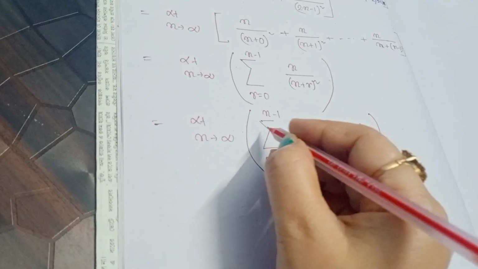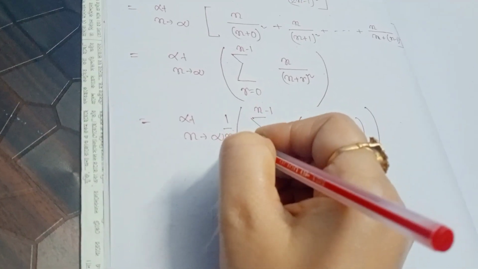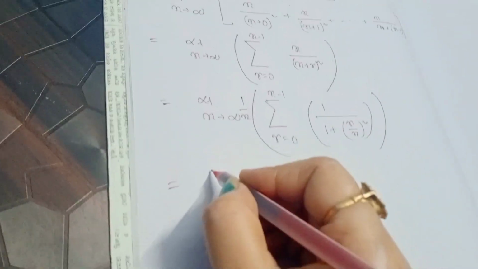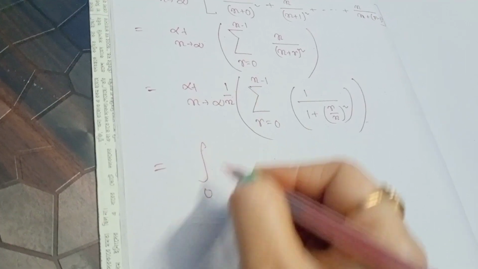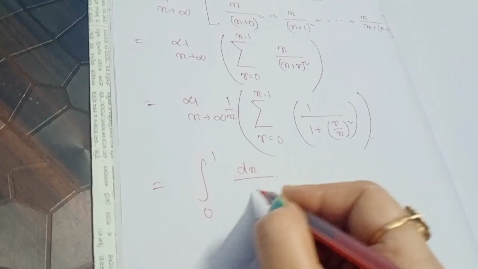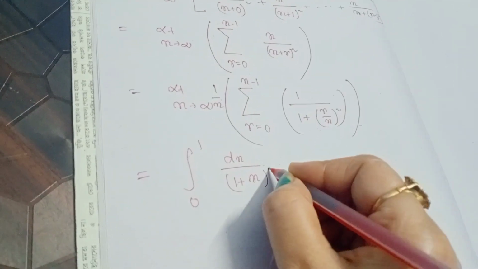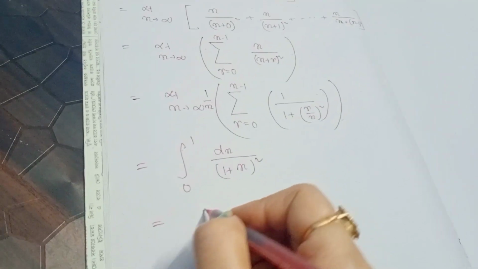Now, putting the limit, that is equal to the integral from 0 to 1 of dx divided by (1 plus x) whole square.